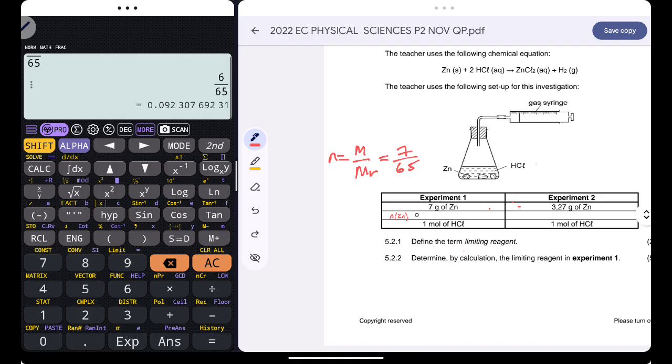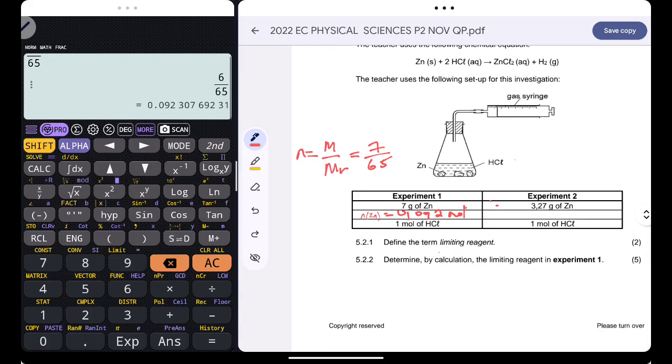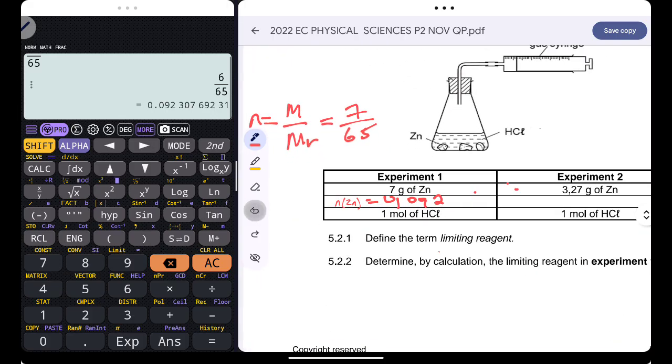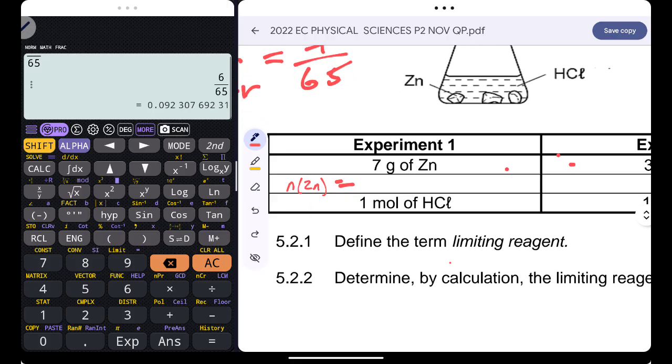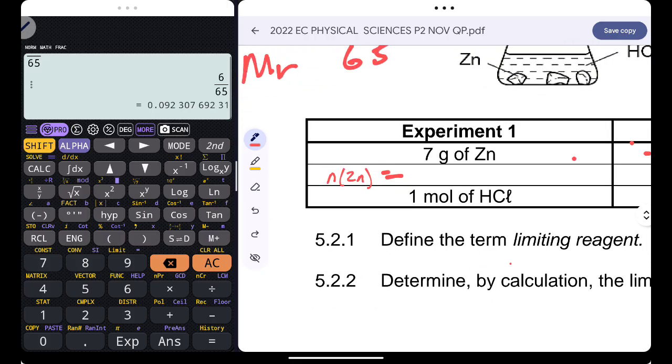I'll simply get 0.092 moles. These are the number of moles for zinc, right? The number of moles is just 0.092 moles.